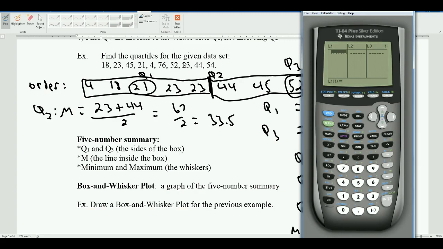I'm just going to take the original numbers as they are, type them in, not worried about the order. 18, 23, 45, 21, 4, 76, 52, 23, 44, 54. Then hit second, quit, go to a plain screen, hit stat, go back to calc, 1 var stat, so I can hit 1 or just hit enter again.